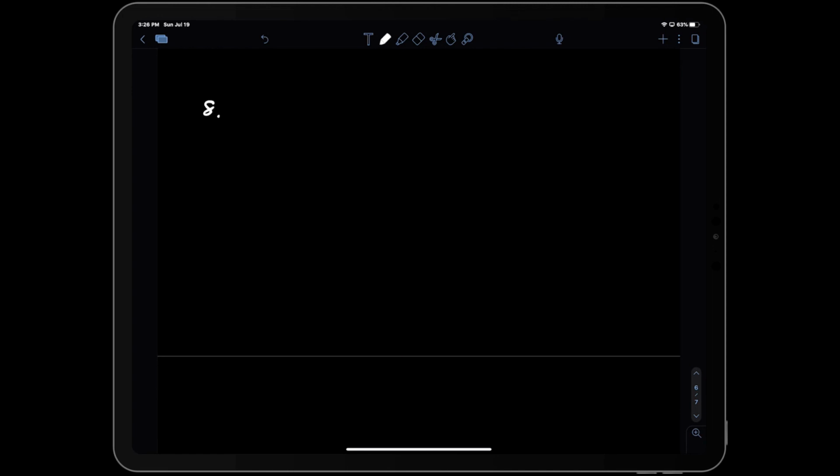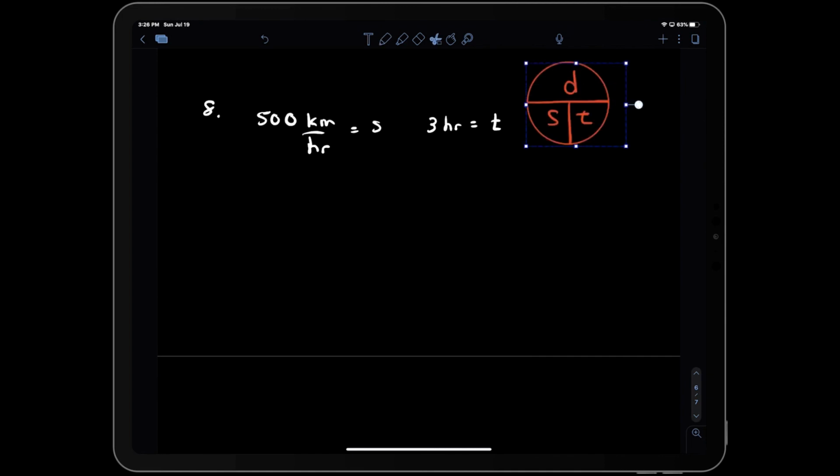We have number 8. The fastest train in the world travels at 500 kilometers per hour. How far will it go in a time of 3 hours? So that's our time. We want to figure out what the distance is going to be. So we use a little formula guide here, trying to find distance. I'm going to cover that up.